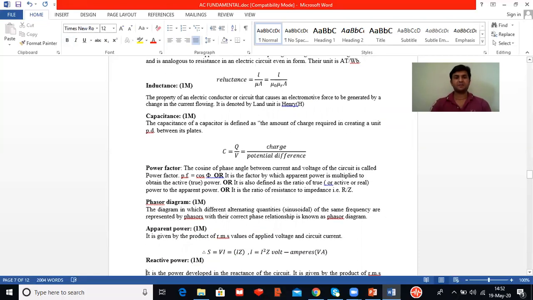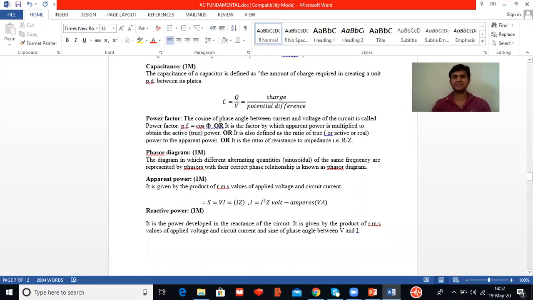Capacitance: the capacitance of a capacitor is defined as the amount of charge required to create a unit potential difference between its plates. The capacitor has two parallel plates separated by a dielectric material. So C equals Q upon V, where Q is the charge and V is the potential difference.